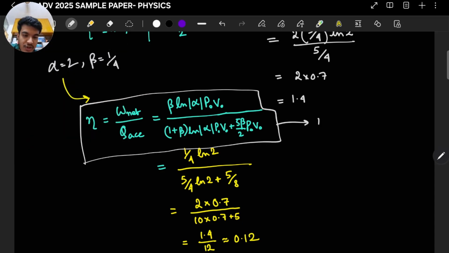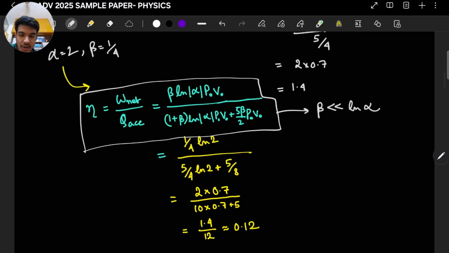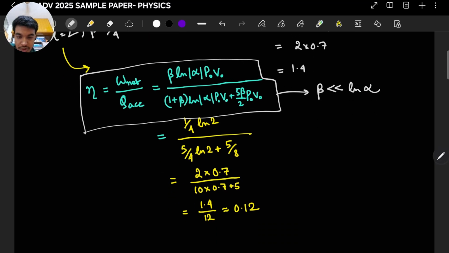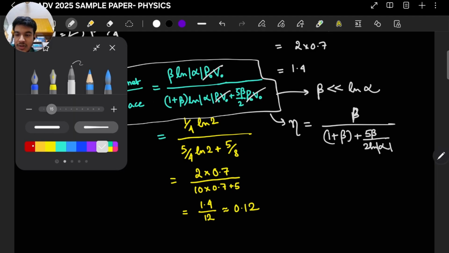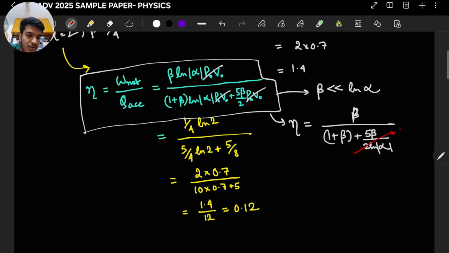Now if beta is much less than ln alpha, if I make this approximation, I can cancel out this P naught V naught from here, and if I take ln alpha common, my eta gets transformed into beta over 1 plus beta plus 5 beta by 2 ln alpha, and as per my approximation this term would become 0.